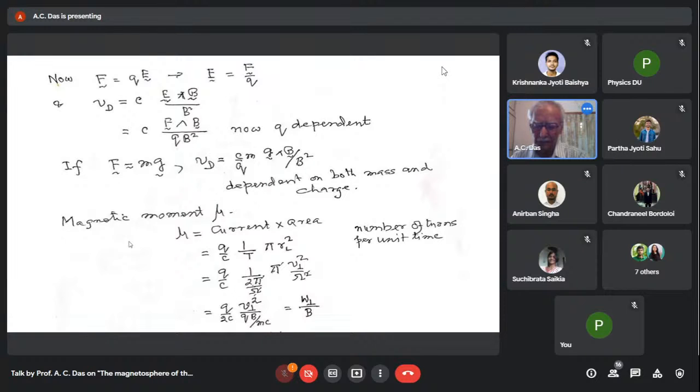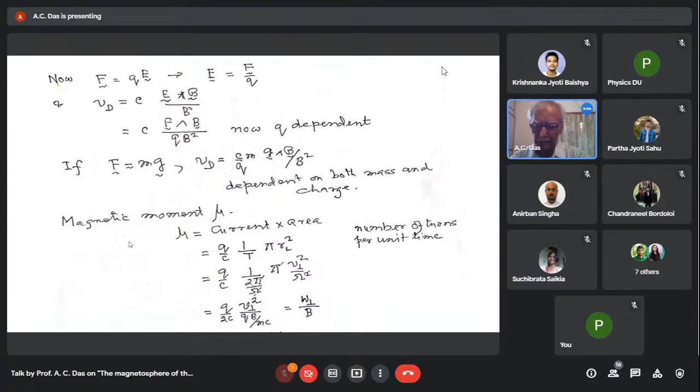Now let us go to some other phenomena or some other motion of the particle which will describe the characteristics of magnetic moment. We can have a magnetic mirror or a bottle.